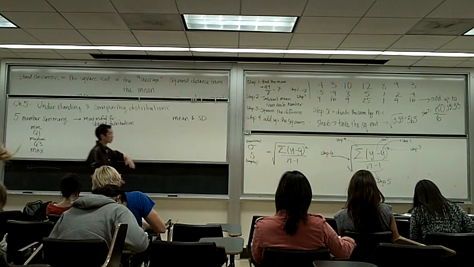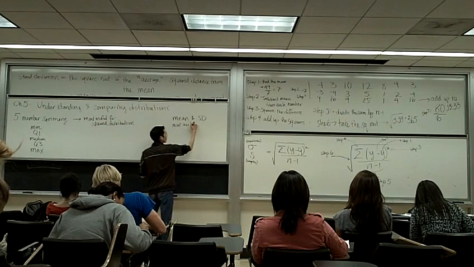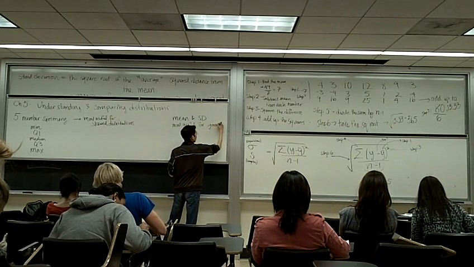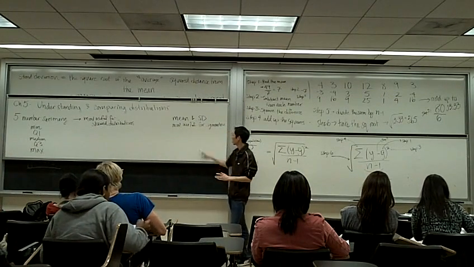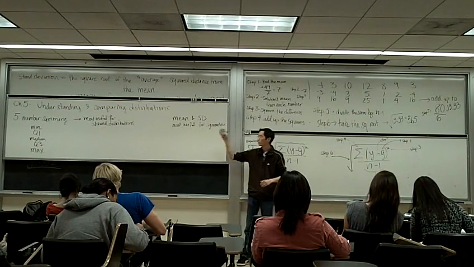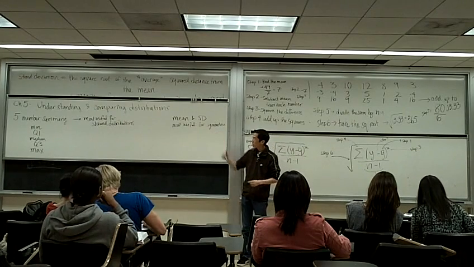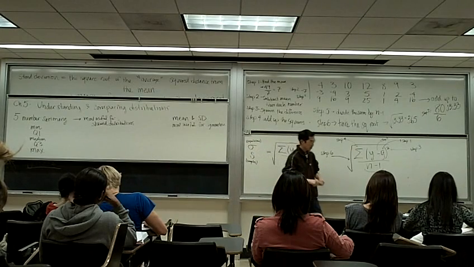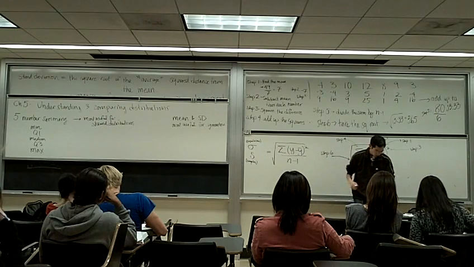Meanwhile, the mean and standard deviation are most useful for symmetric distributions. But they're both useful in any case. So the mean and standard deviation is still useful in skewed distributions. The 5-number summary is still useful in symmetric distributions, but mean and standard deviation are most useful for the symmetric cases, and 5-number summary most useful for skewed distributions here.